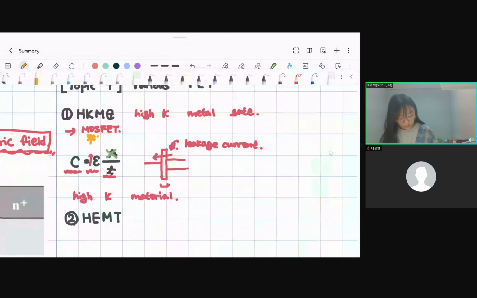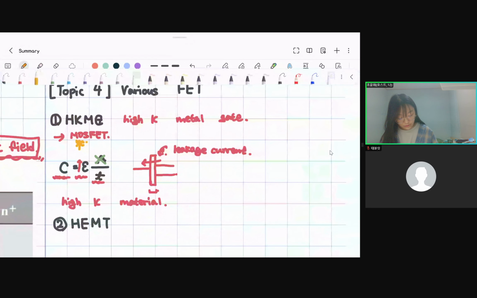And if we use a high-K material, we also use the metal gate. The reason we use a metal gate is that the metal is an equipotential. When we use polysilicon instead of metal, there is an interface trap at this surface.